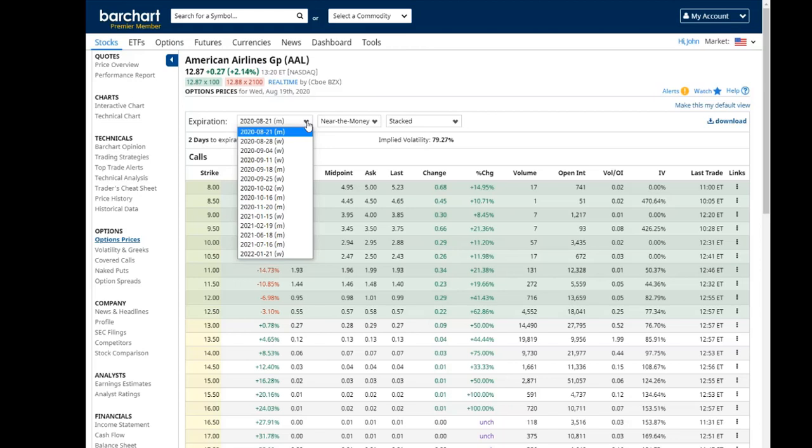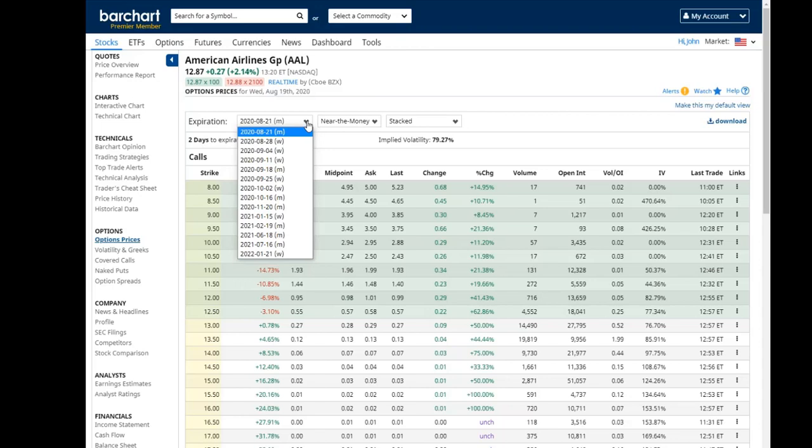Now, remember, who's going to buy our calls from us? Somebody has to buy that call. So we want them to believe that they're going to get the opportunity to see that call be profitable, and so those folks are going to want more time. So we're going to look for expirations of greater time. One of the things I would say to you is, let's start looking at expirations of 30 days or greater.